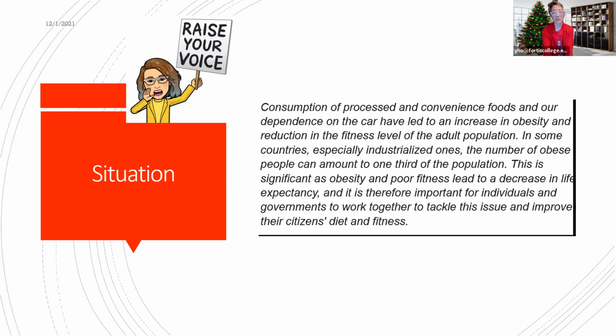This is significant as obesity and poor fitness lead to a decrease in life expectancy, and it is therefore important for individuals and governments to work together to tackle this issue. In other words, everyone's gotten fat because we sit around too much, or we ride in our car, we sit in front of our computer, and everyone's getting fat, and that's not good for our bodies. That's the situation.